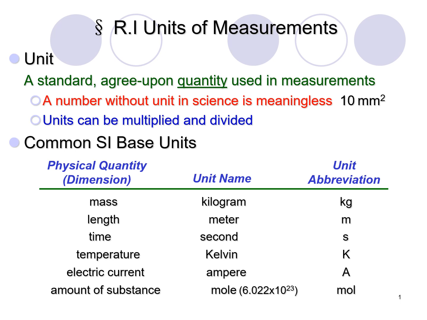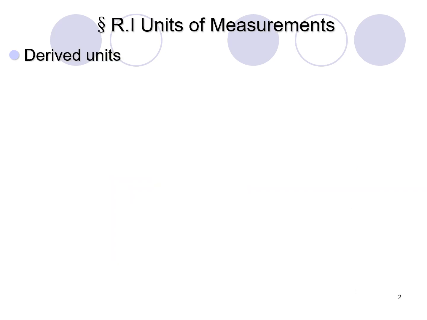The reason why we call them base units is that we can derive the units for some other dimensions of physical quantities. For example, force.